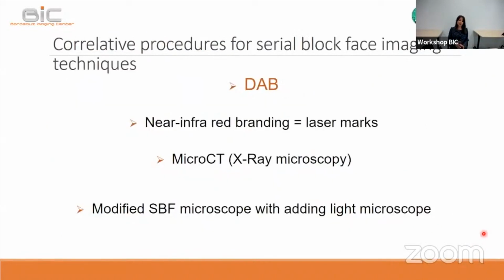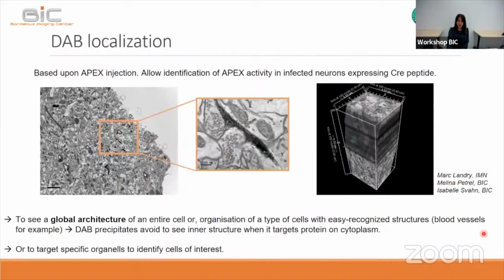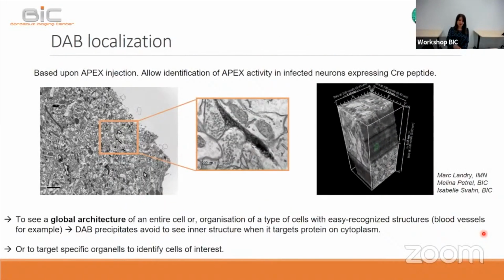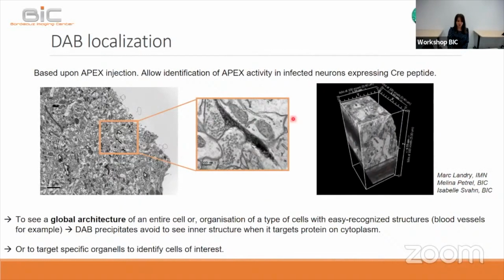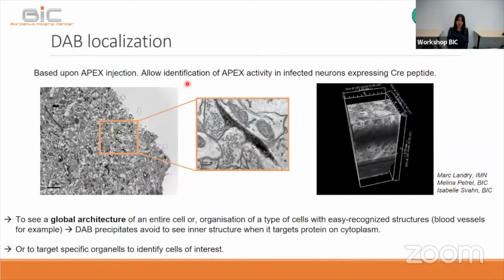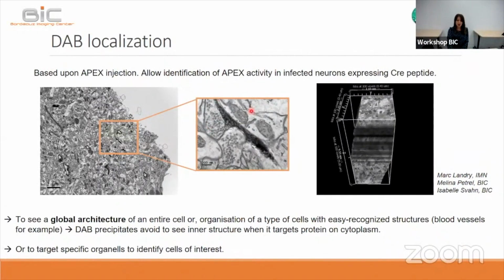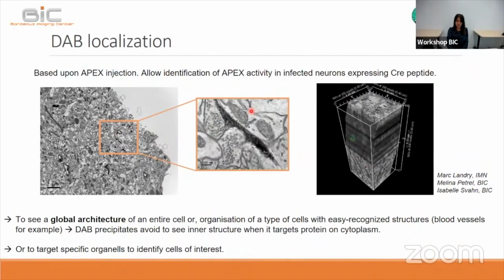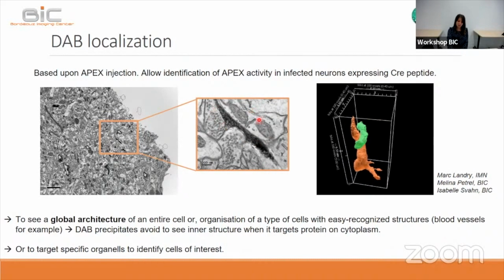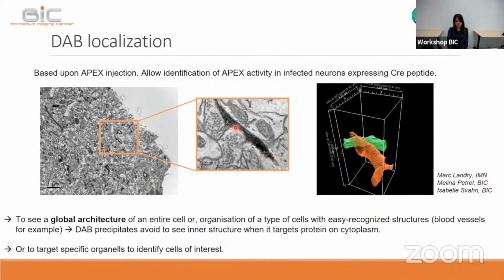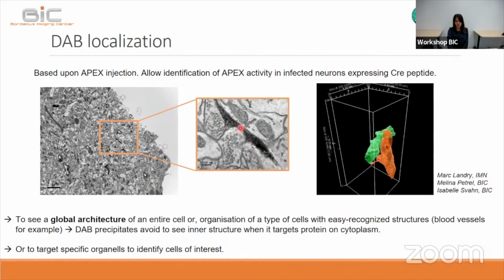So how can we perform the correlative, or how can we do CLEM with serial block face imaging? First we speak about DAB. In fact, based upon APEX injection in the region of interest, it allows identification of APEX activity in the transfected neurons expressing the construct, or cells of interest, with DAB.